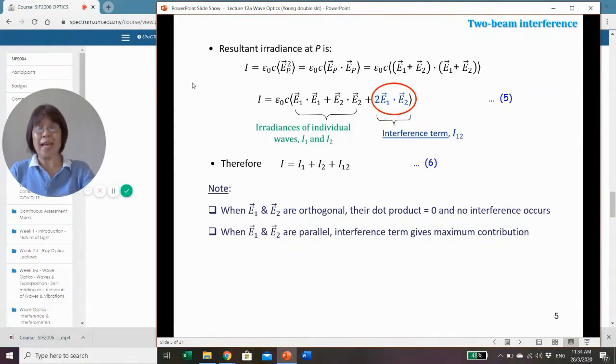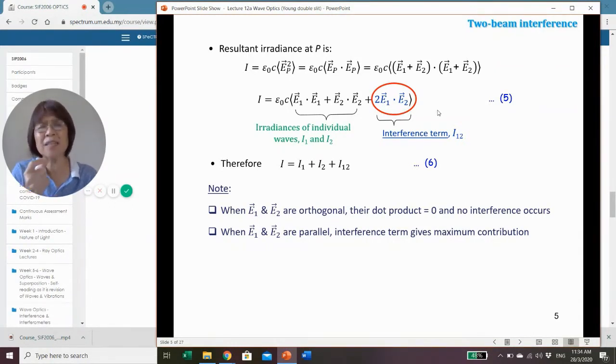Taking the time average, we write it this way. It is a dot product, and each factor is the superposition, a linear sum, of E1 and E2. Multiplying them out, you have E1 dot E1, E2 dot E2, plus 2 E1 dot E2.